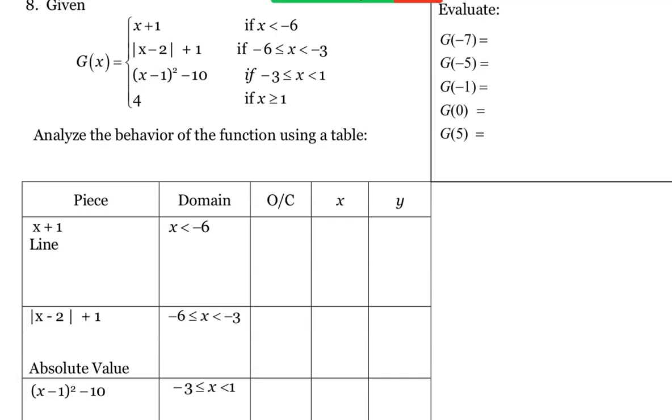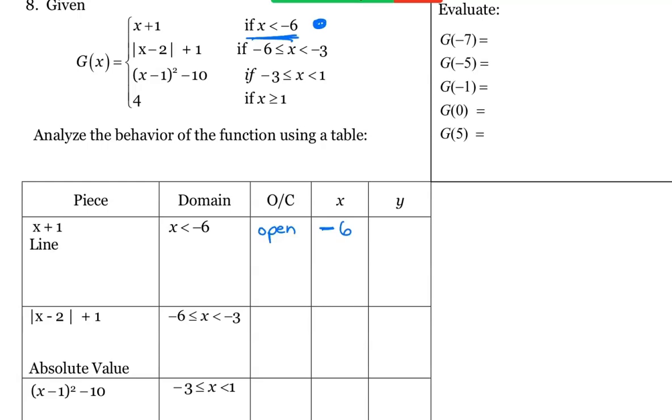Now, number one thing, when you grab the first piece and they tell you this is your domain restriction, and it says x has to be less than -6, you must use -6. Tell yourself it's open. It's an open circle. I know you can't equal -6, but you can equal very close to it. Therefore, we have to absolutely start there.